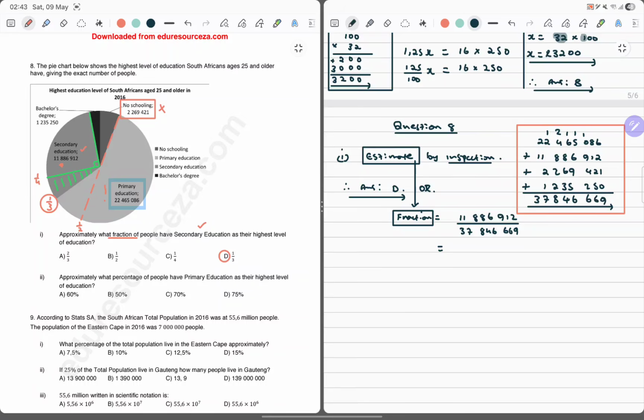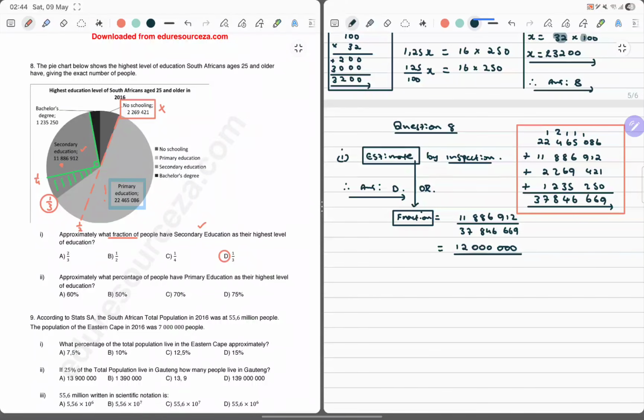So that 11 million, it's close to 12. Let's take 12. Say this is 12 million. It's close to that. Right? So that's close to 12 million because it's 11,800,000. So it's almost 12 million.